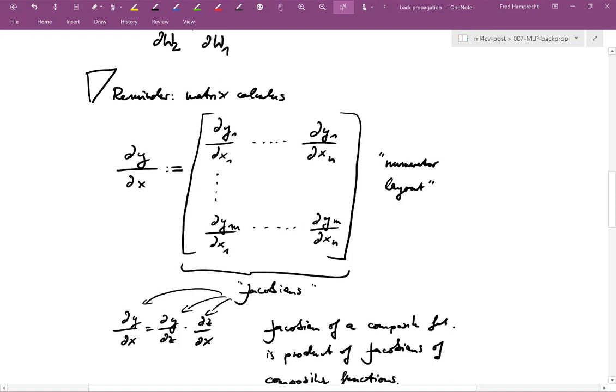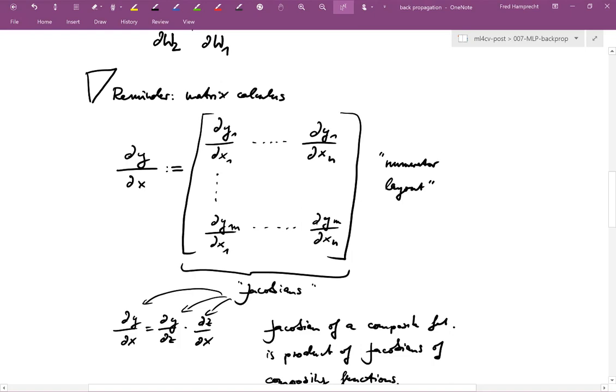And if my denominator has n entries, then I will have n columns. And collected in this matrix are all these partial derivatives of the mth element of my numerator with respect to the nth element of my denominator.